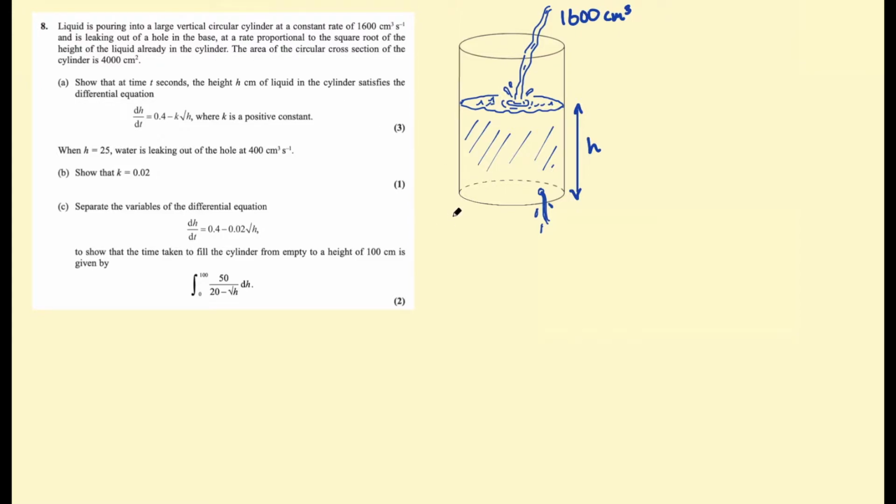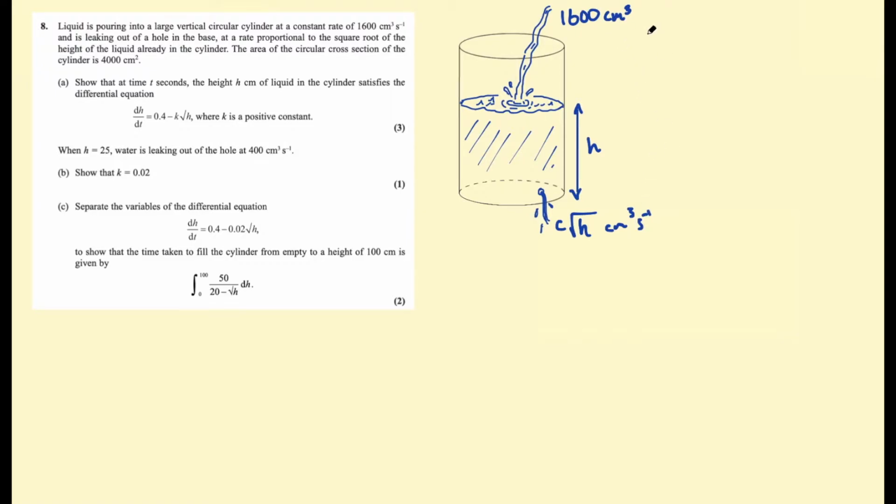So if we introduce a constant of proportionality, we can say this leak is some constant c multiplied by the square root of h. Okay, that's what it means to say it's proportional to. So we have the water going in at a rate of 1600 centimeters cubed, going out at a rate of c root h centimeters cubed per second.